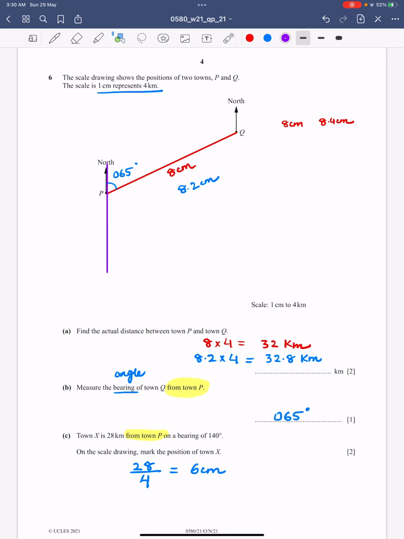If this is my straight line representing the north, I need to go 140 degrees. So from this point here, roughly speaking, this is my 140 degrees, and the length of this line will be 6 centimeters. So you will keep this 6 centimeters, and wherever you measure 6 centimeters, that is the position of town X.